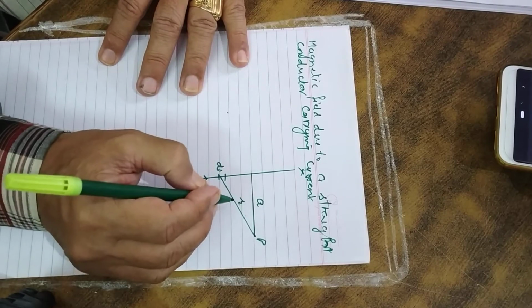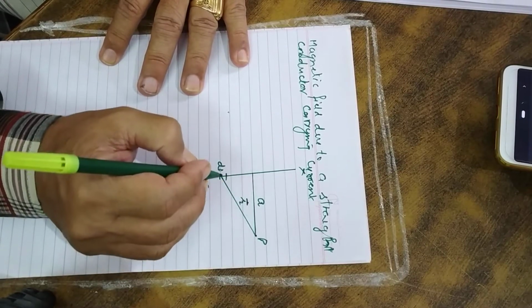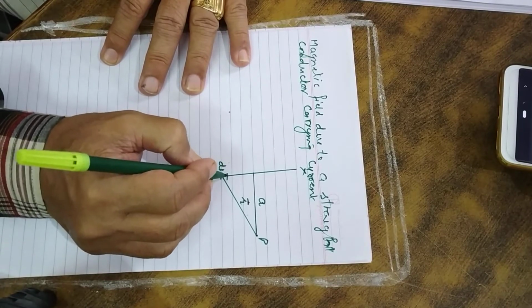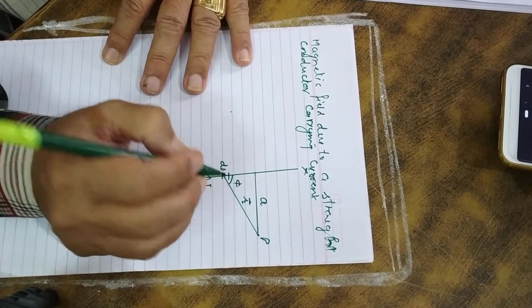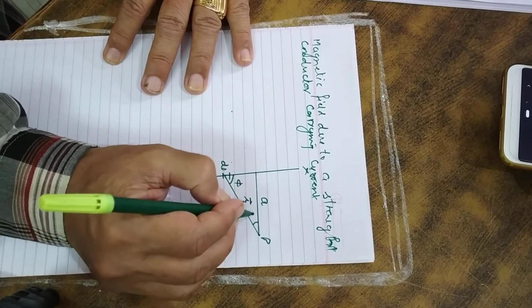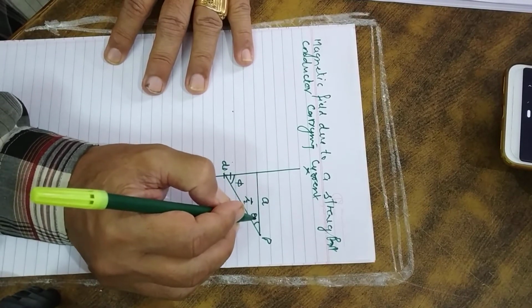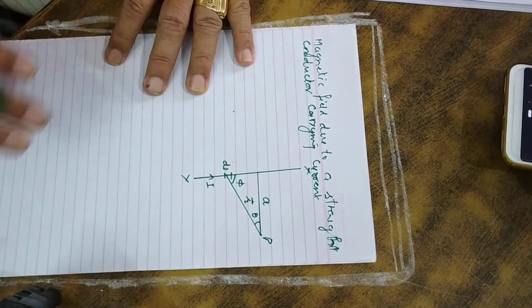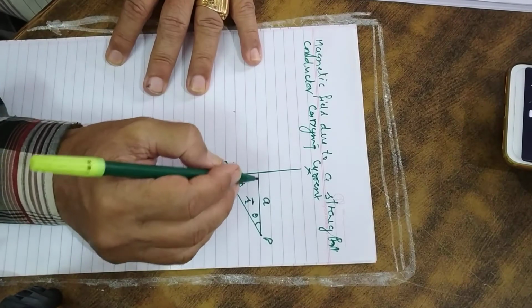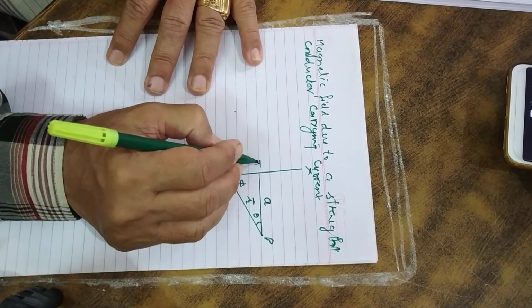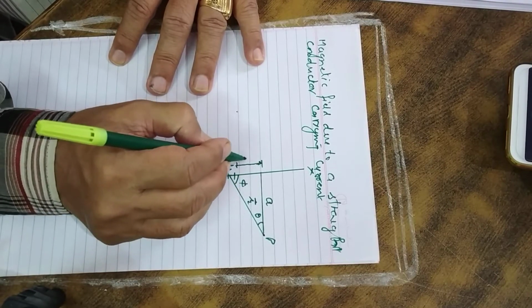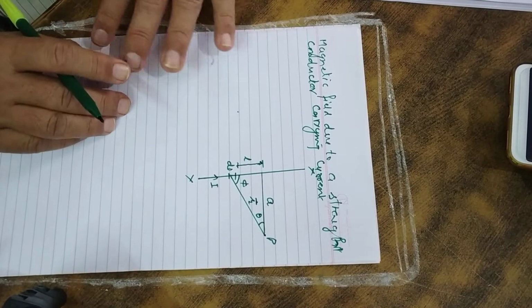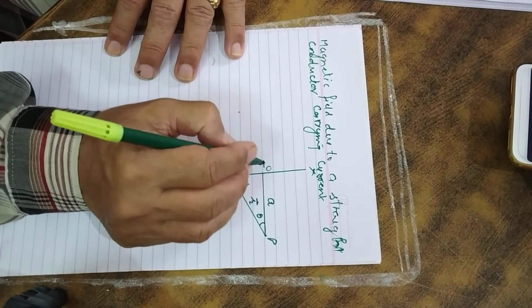Let the angle between r and dl be phi, and this angle is theta. This distance is L, and this point is O.